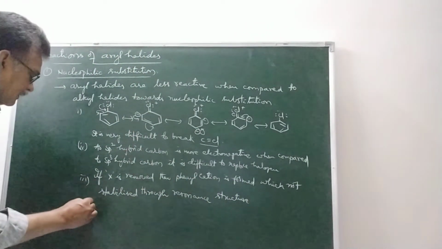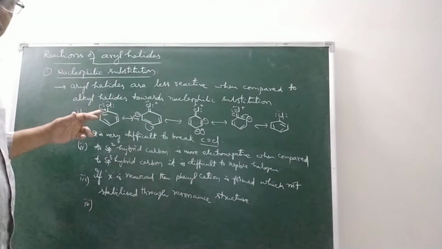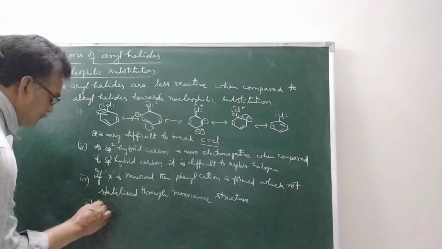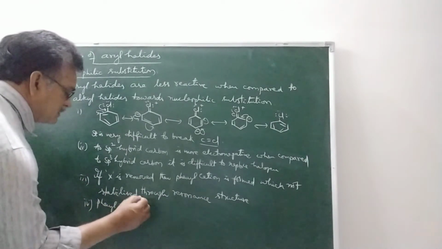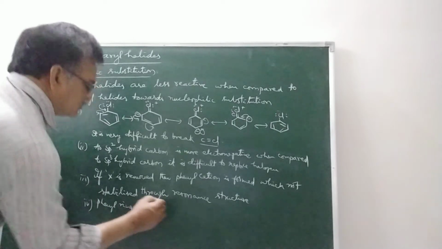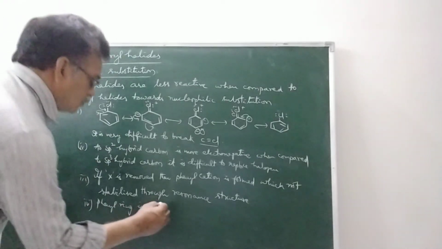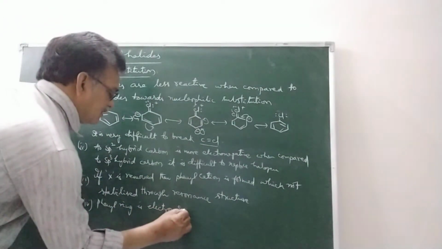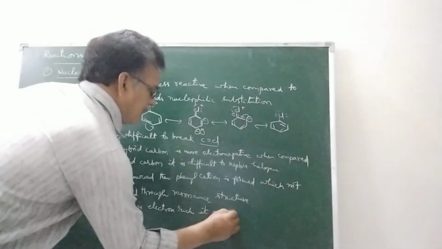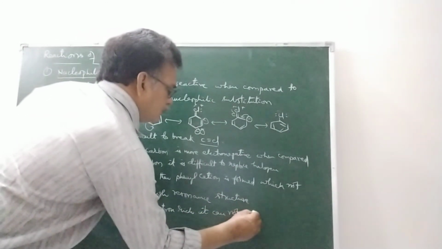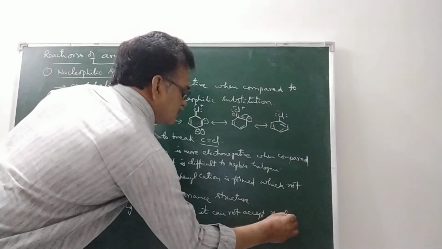And one more thing is, phenyl ring is electron rich because of delocalization of 6 pi electrons. So as it is electron rich, it cannot accept a nucleophile having negative charge.